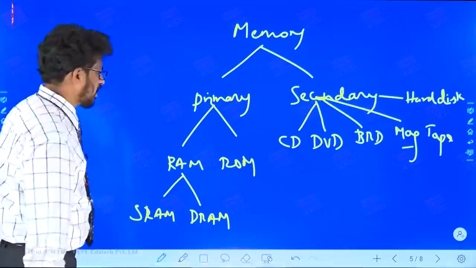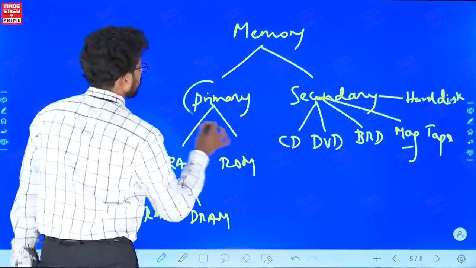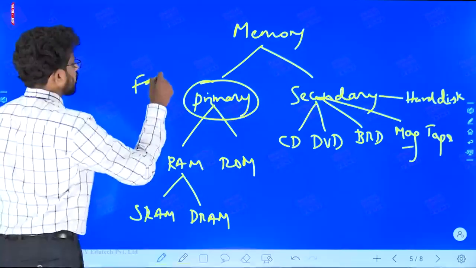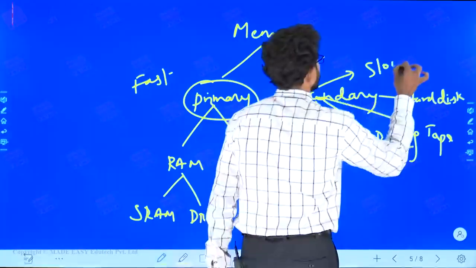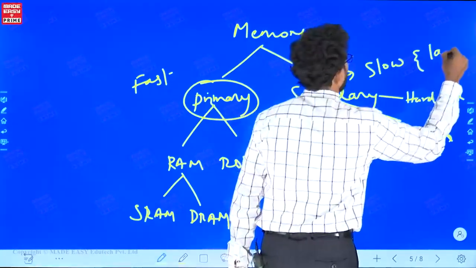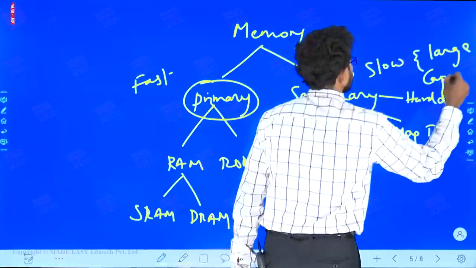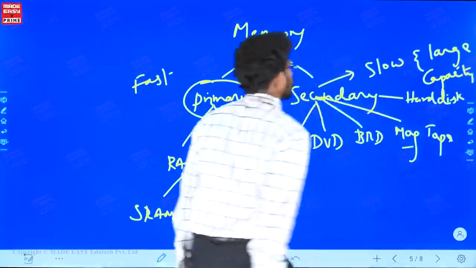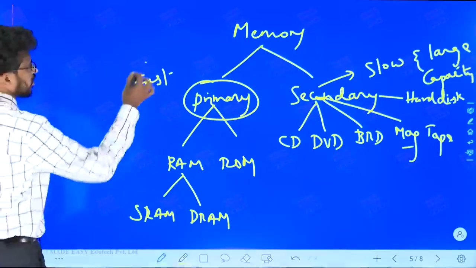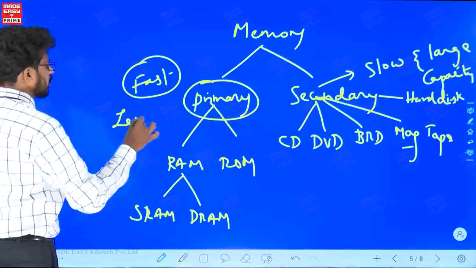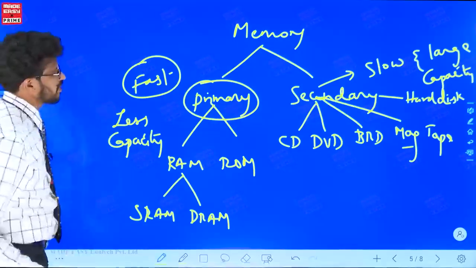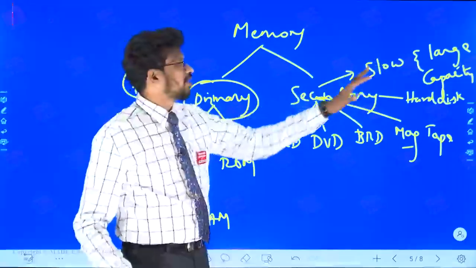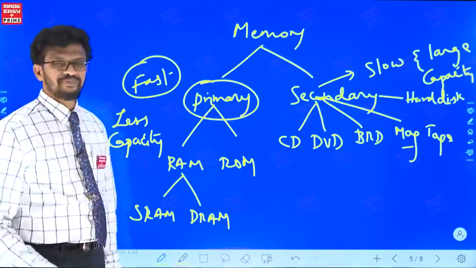So try to understand clearly that primary memories are very fast as compared to secondary memories, which are slow and have large capacities. So primary memories have less capacity but are fast, and secondary memories have more capacity but are slow.